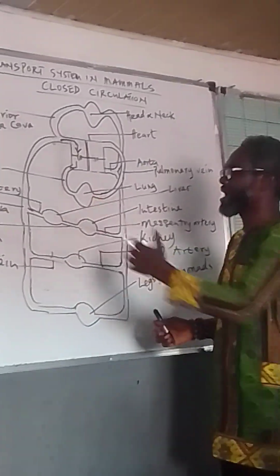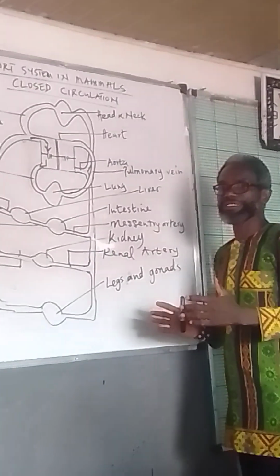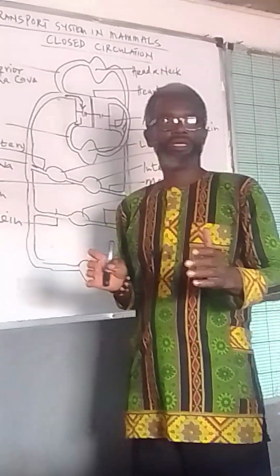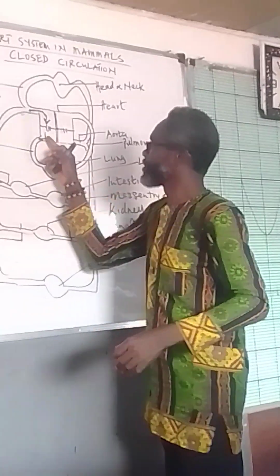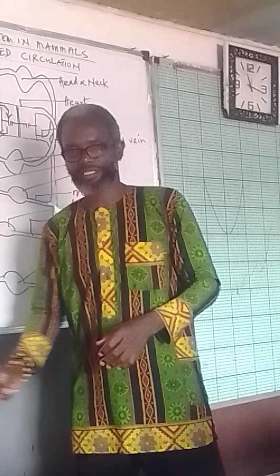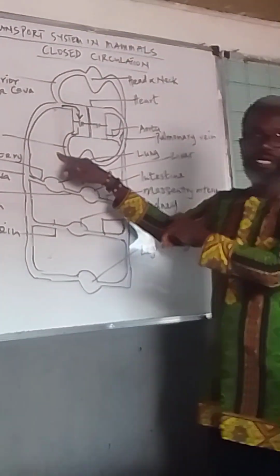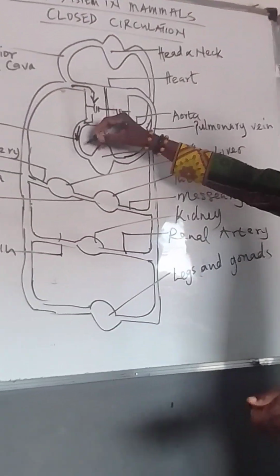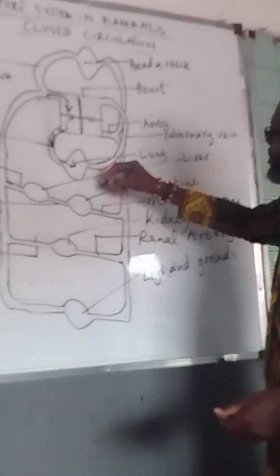Now, there are two vessels that move blood. They are either veins or arteries. Arteries take blood away from the heart. Veins move blood to the heart. So you see the pulmonary artery, are you zooming it? Blood enters from the heart to the pulmonary artery, then to the lungs.